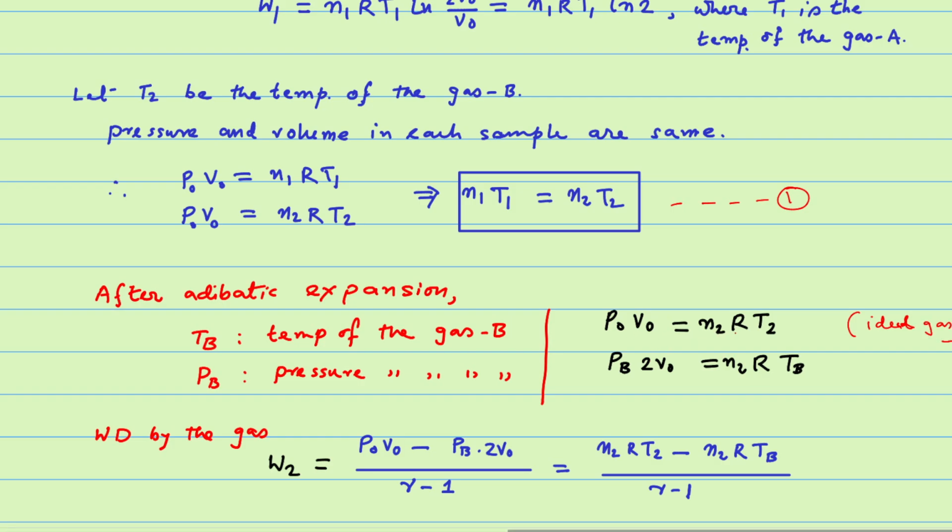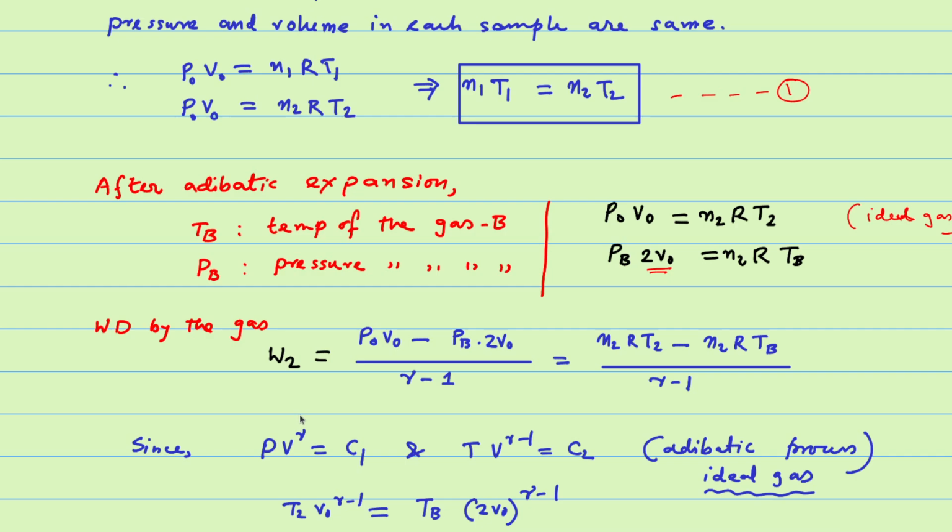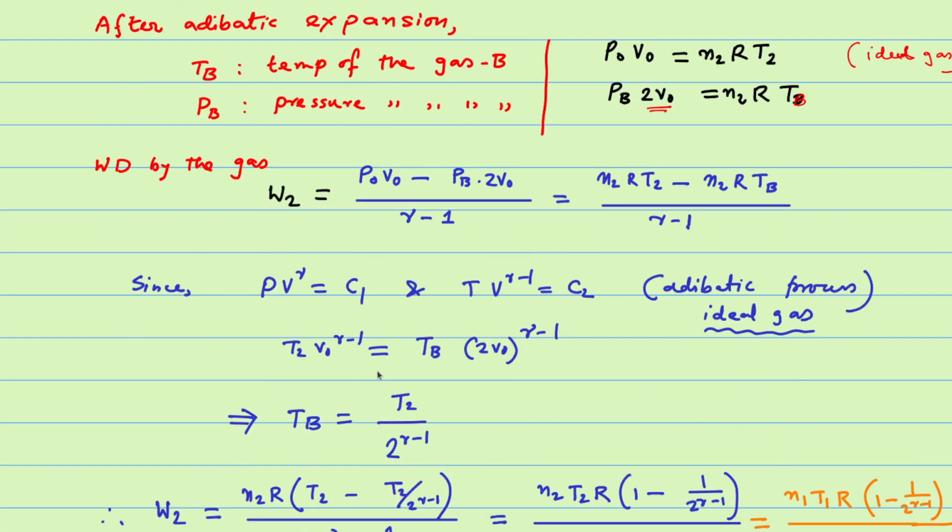So, P0 V0 equals N2 R T2 and PB times 2V0, because it is expanded to twice the volume, equals N2 R TB. Now, the work done by the gas in the adiabatic case, standard textbook formula, W2 is P0 V0 minus PB 2V0 divided by gamma minus 1. So, P0 V0 is N2 R T2 minus N2 R TB. This is basically TB. Do you have confusion? Then it's TB.